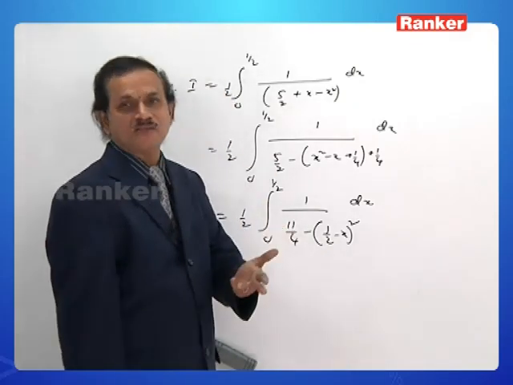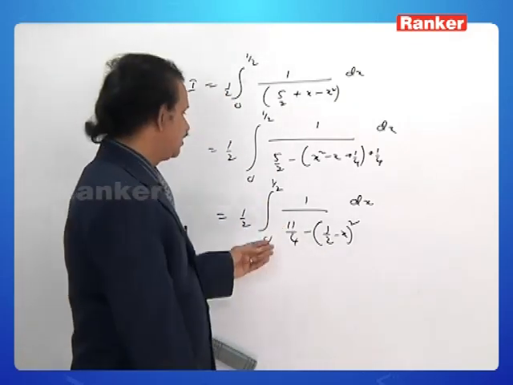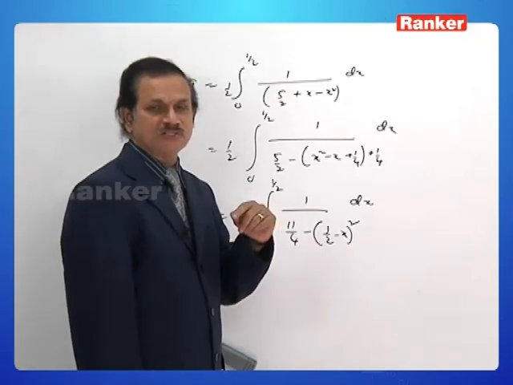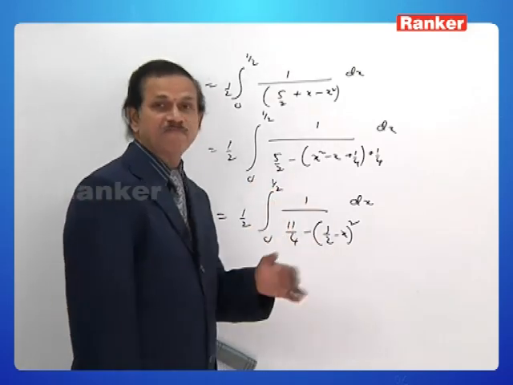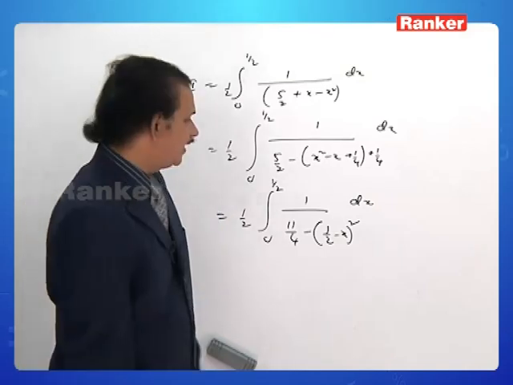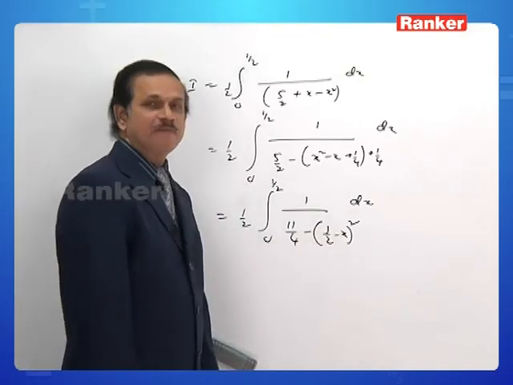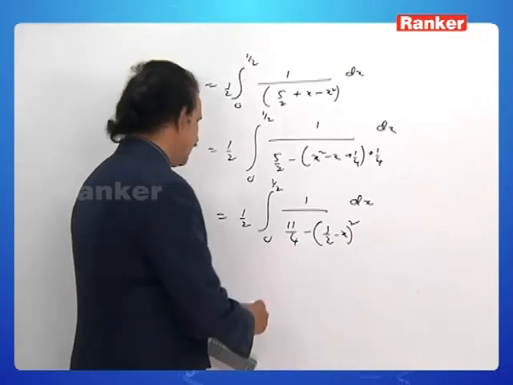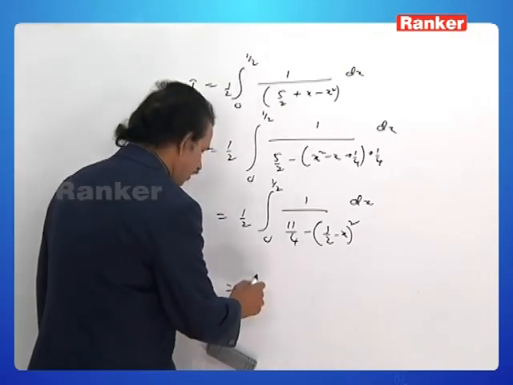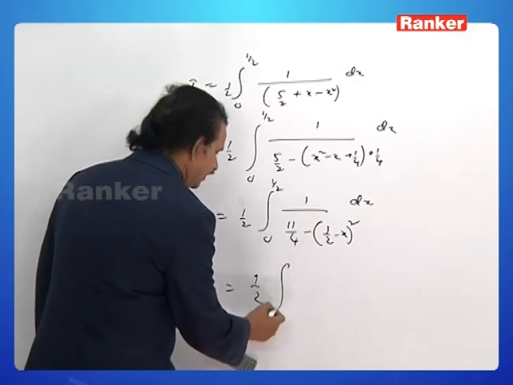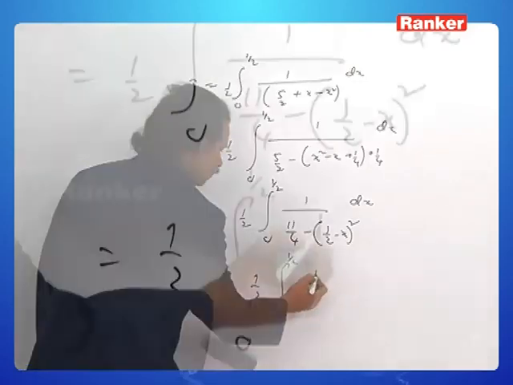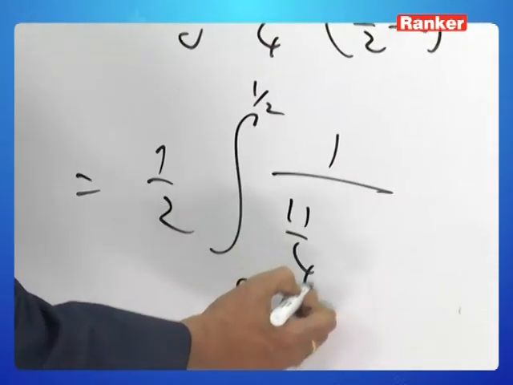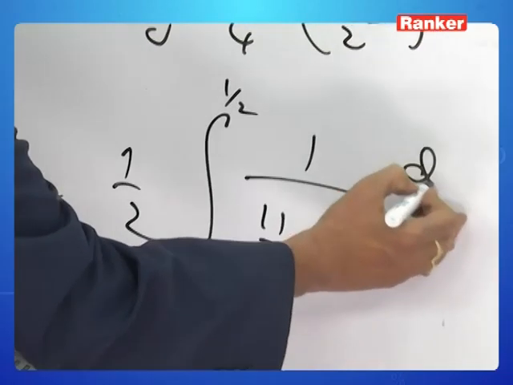Again, we can make use of the formula integral 0 to a f of x dx is integral 0 to a f of a minus x. That is, in the place of x, let me put half minus x. Then this is again equal to half into integral 0 to half 1 by 11 by 4 minus x square. Am I correct?